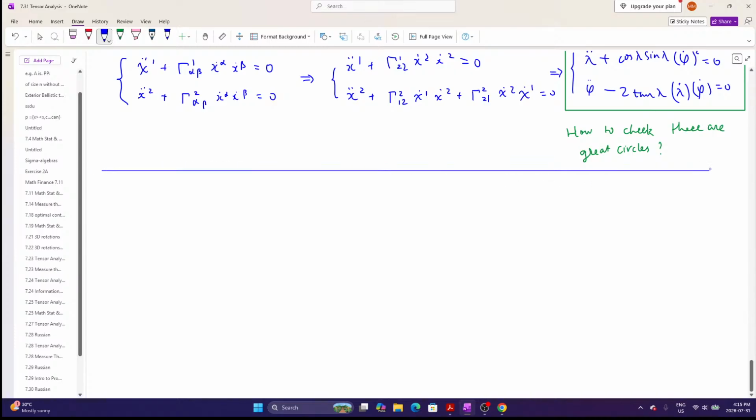The law of transformation of the Christoffel symbol. And this explains why the Christoffel symbol is not a tensor.